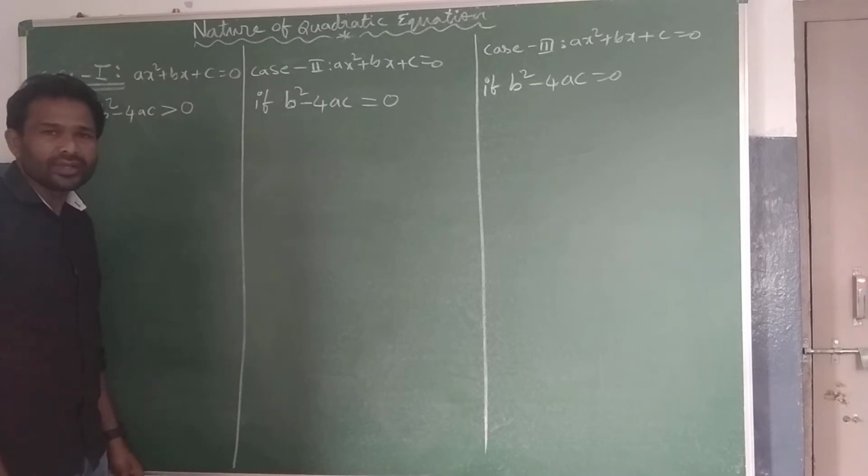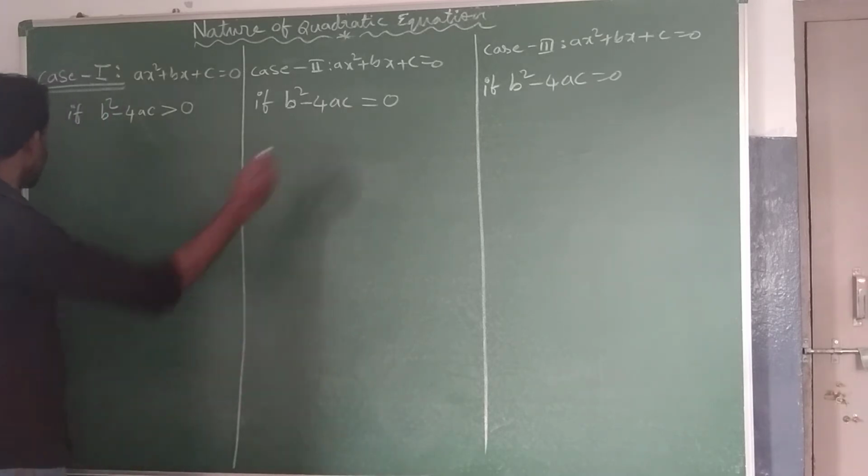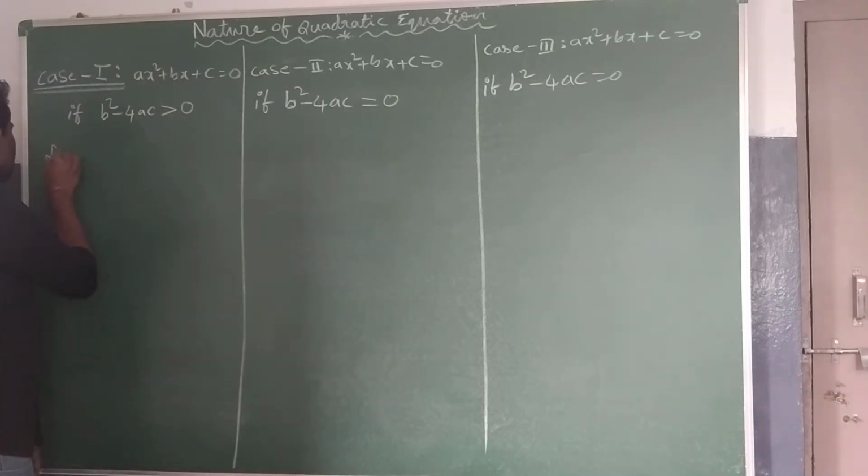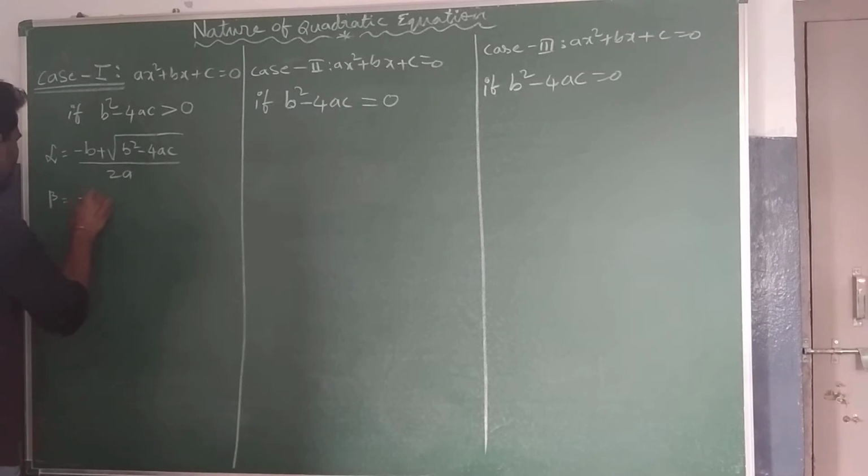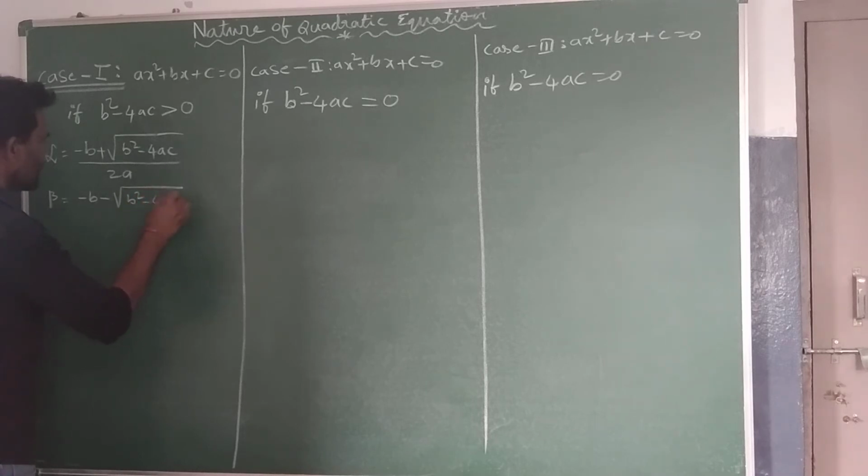Those two real roots are alpha equal to minus b plus under root b square minus 4ac by 2a, and one more is beta, that is equal to minus b minus under root b square minus 4ac by 2a.